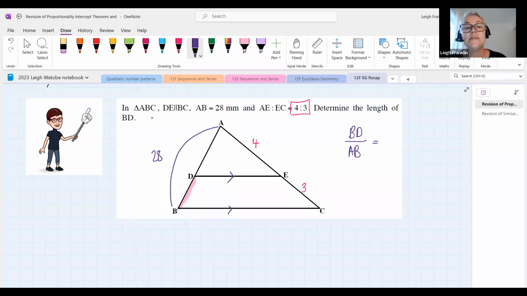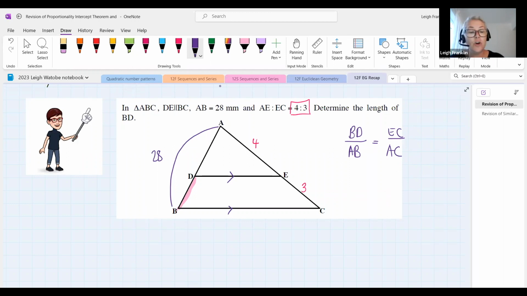Then on the other side, maybe it's better for you guys if I put in EC over AC. So BD over AB is the same as EC over AC.